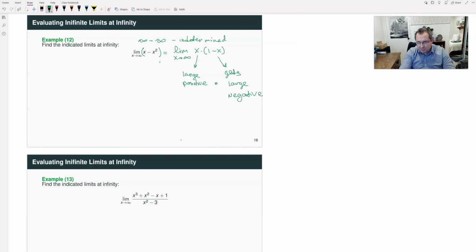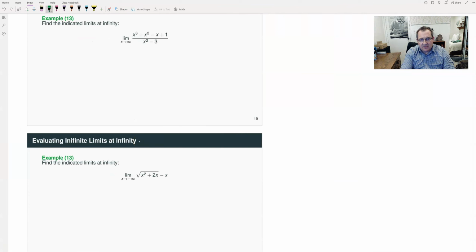When we take a large positive and multiply by a large negative, the result is definitely large, and it's negative. Therefore, we conclude that the value of that expression is approaching negative infinity.